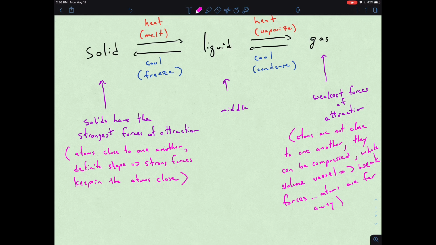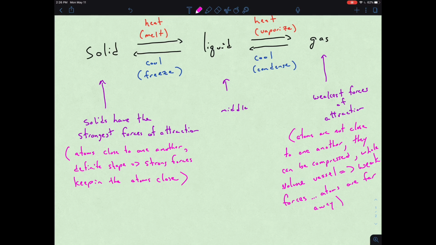where they're close to one another, but they roll over top of one another and all that. But these phases that we see are really a relationship to forces of attraction within the molecule. In the solid state, these forces are really strong, and so that's why we see that molecule exist in the solid state.